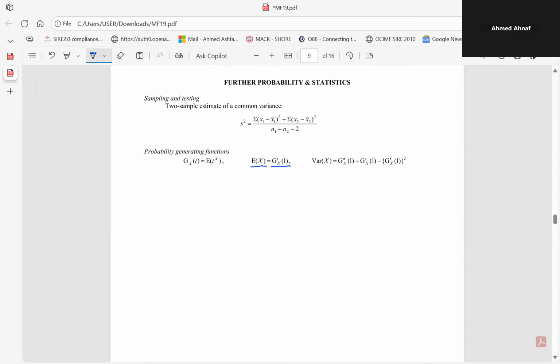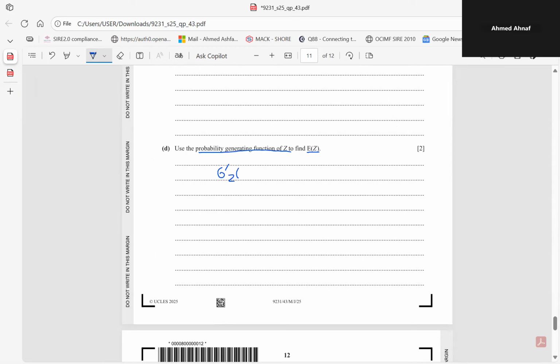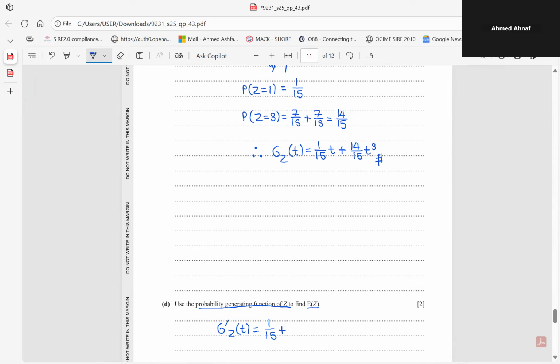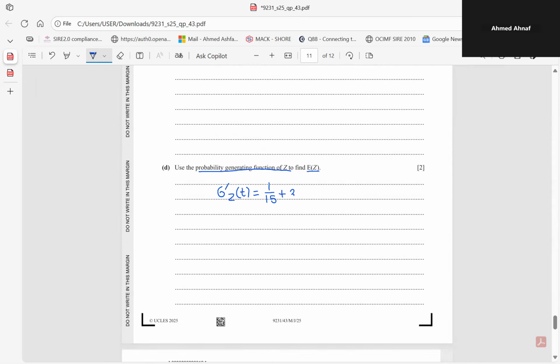So let's do that. Let's differentiate the probability generating function of Z. That is 1 over 15 plus, bring down the power 3, times 14 over 15 times t to the power of 3 minus 1, that's t squared.